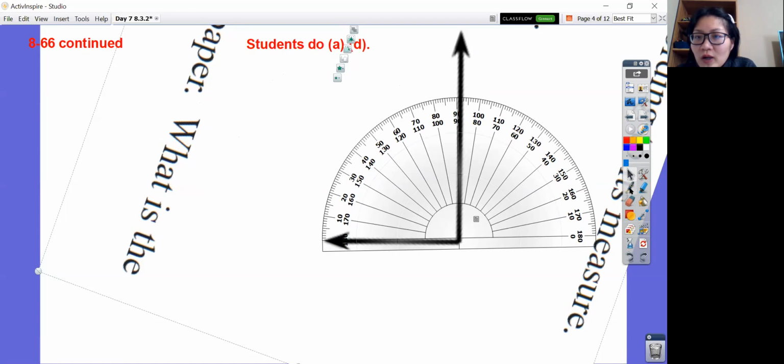So this one, let's see how big it is. 10, 20, 30, 40, 60, 70, 80, 90. So this angle is 90 degrees. And if it is 90 degrees, it is a right angle.